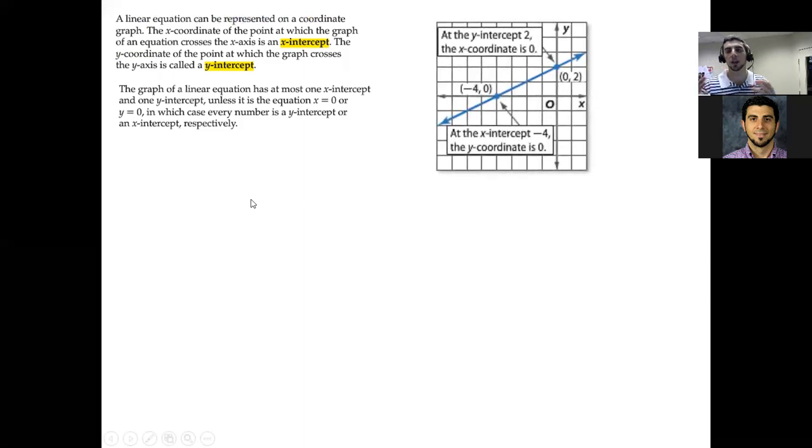Okay, so here's just a graph of a line. Notice that the y-intercept is 0, 2, because the x-coordinate is 0, which means to get to that point, you just go up 2 and it's still on the y-axis. If you move left or right at all, you won't be on the y-axis. So the only way you can get a y-intercept is if the x-coordinate is 0.